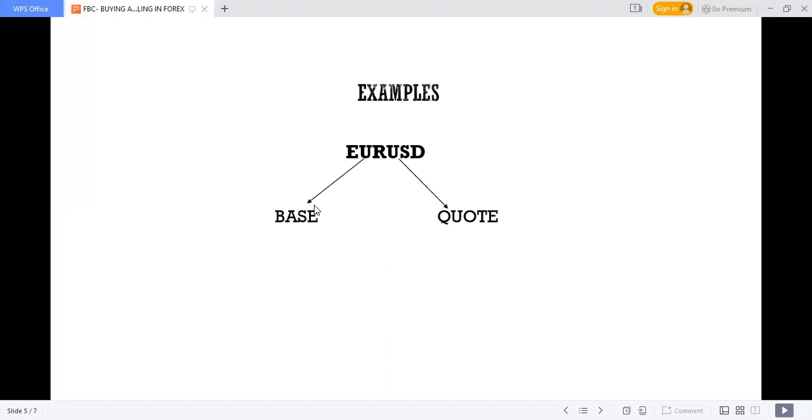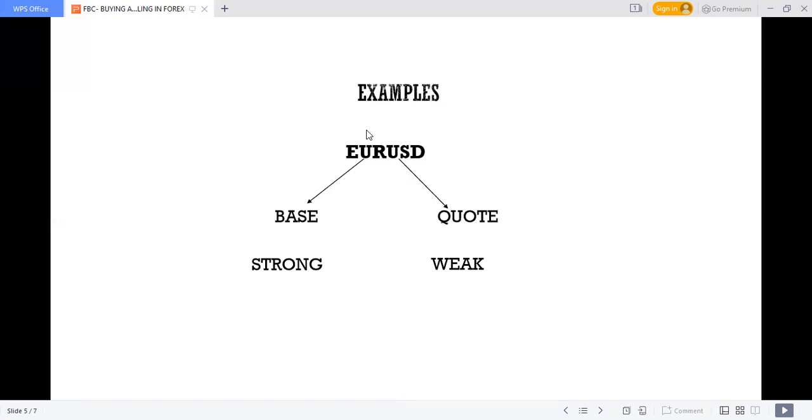Now, let's say based on your analysis of the economy, you analyze the European economy, and you see that it is strong, all right? The interest rate is increasing, the exchange rate of the currency is increasing, and you feel that the currency is stronger this time.